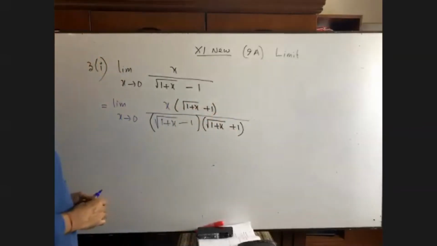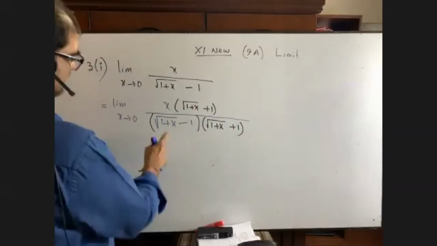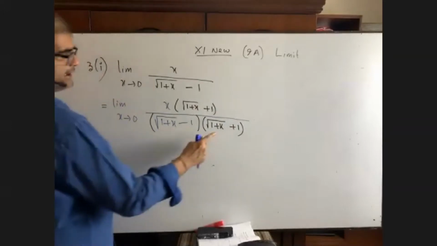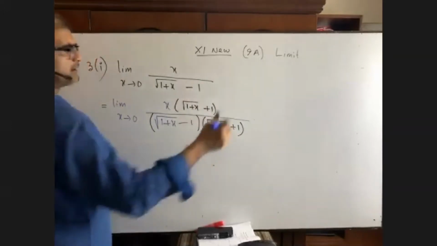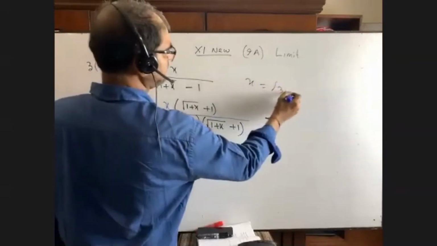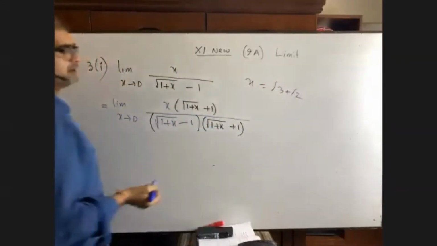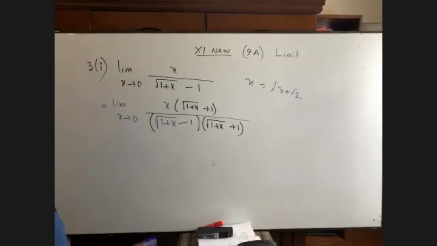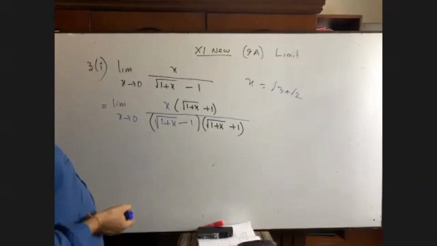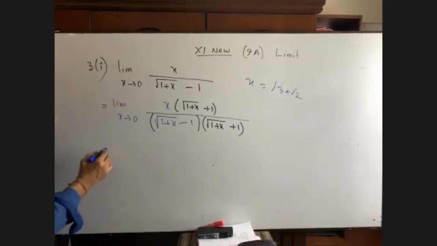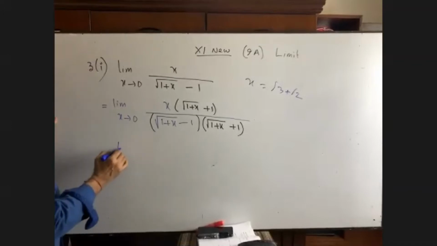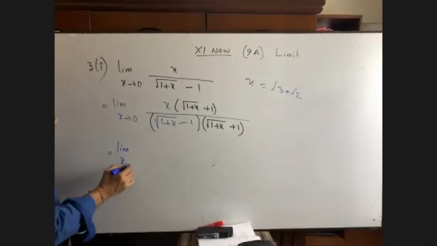I have multiplied both the numerator and denominator by root over 1 plus x plus 1. That is, it is a minus b, and I have taken here a plus b. Can you please remember? x equals root 3 plus root 2. Then you had to find the value of 1 by x by multiplying by root 3 minus root 2. Now it is limit x tends to 0.